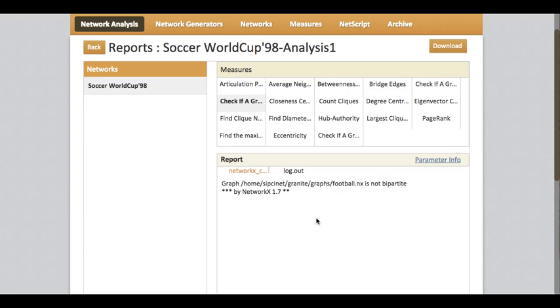Not bipartite. Is the graph Eulerian? Not Eulerian.